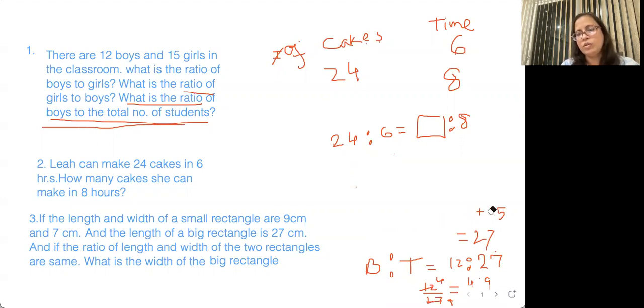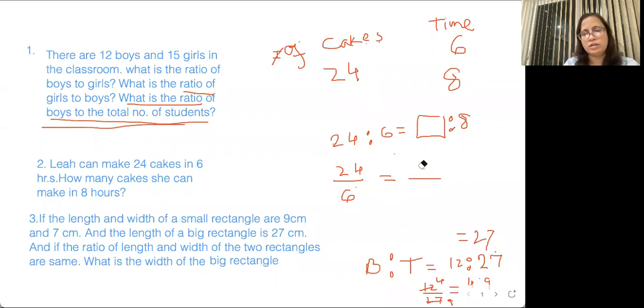Okay, so how can we write it in a fractional form? We can write 24 in the numerator, denominator 6, equals x, or number of cakes. You can write C also.